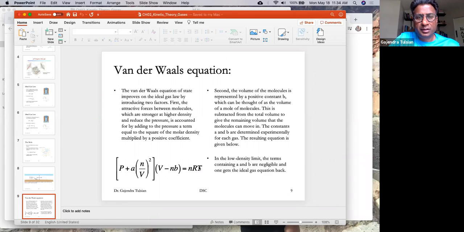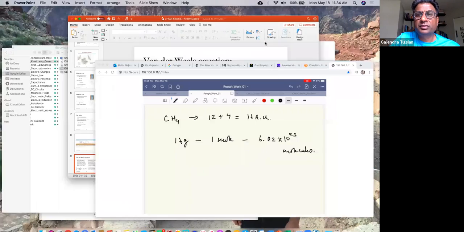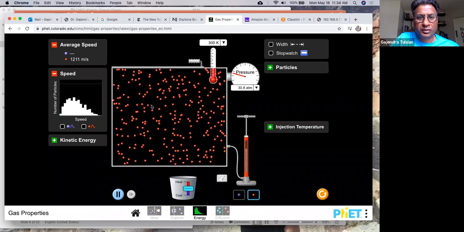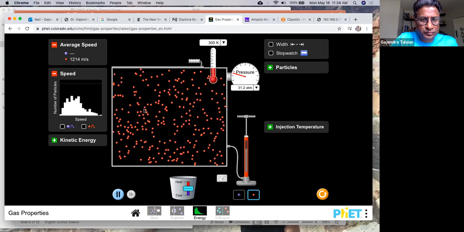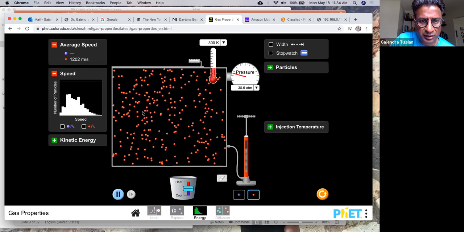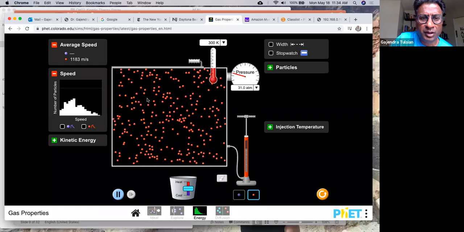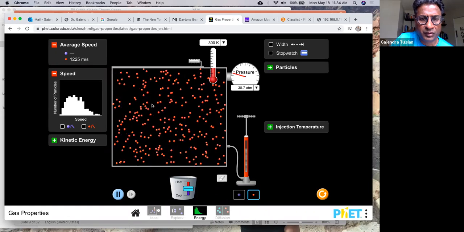Now, the ideal gas law assumes that these molecules have very little volume, so they're essentially treated as point particles, and also there's no intermolecular forces between them.